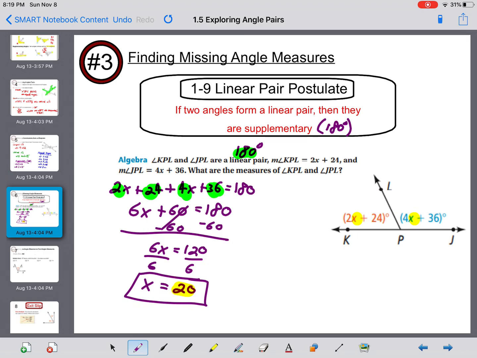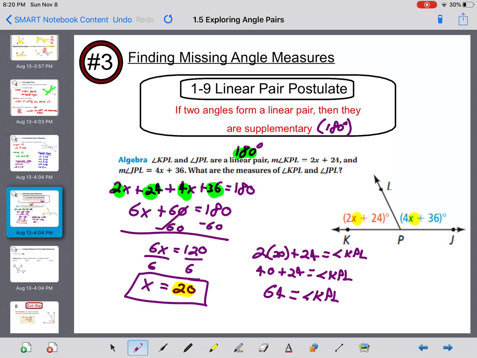So here we go. 2 times 20 plus 24, and this is angle KPL. 2 times 20 is 40 plus 24, and 40 plus 24 makes 64. So angle KPL is 64 degrees.